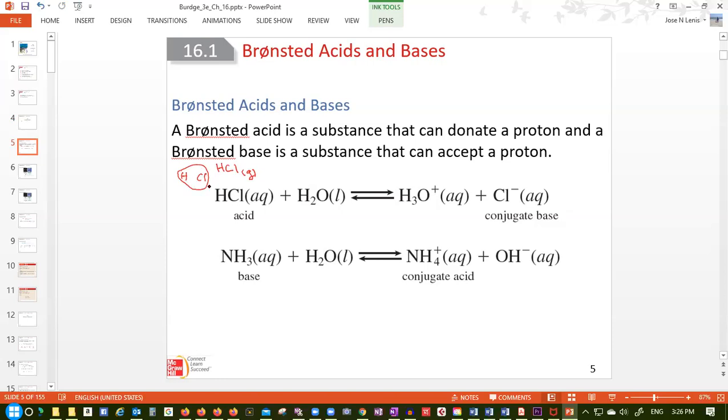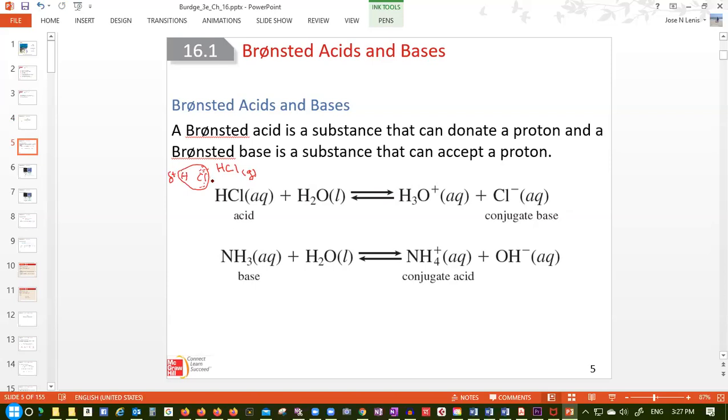It's more electronegative than hydrogen. That means it pulls most of the electrons towards this side of the molecule, leaving a little bit unprotected this corner of the molecule, forming a slightly positive dipole moment.